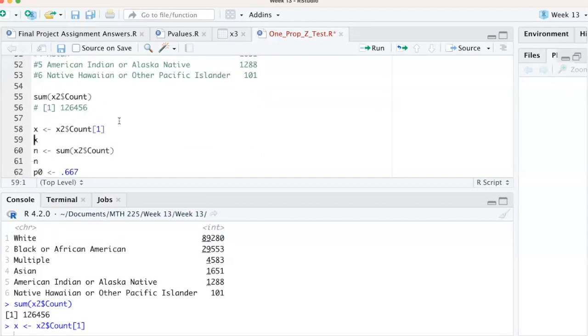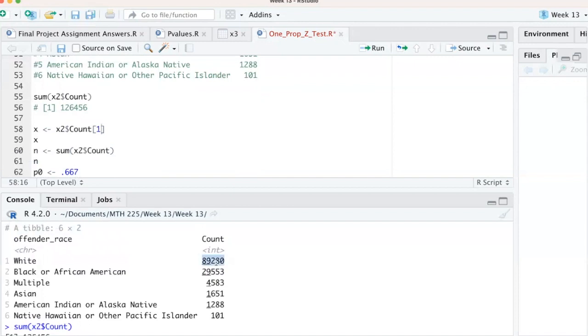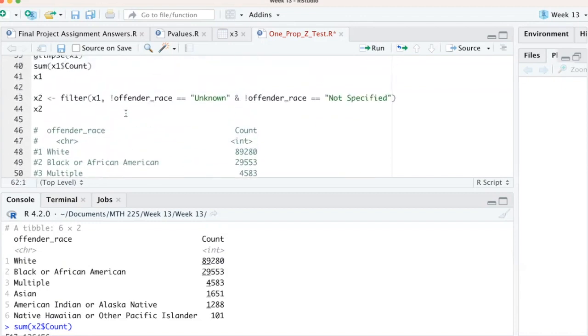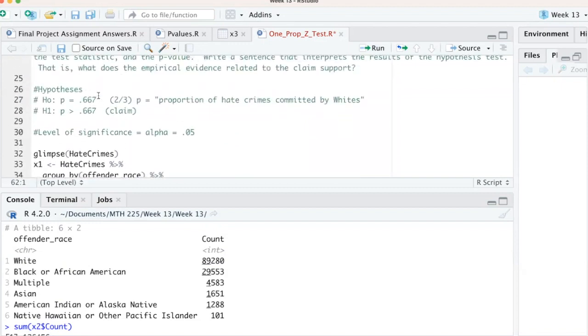What I'm doing here in 58 is assigning X to be the first group in count, which is the count that we want for the white group. Then we've got the sum, and notice I'm assigning that white frequency to X, the total sum to N, and then P, the value in our null hypothesis, is 0.667. There it is there.